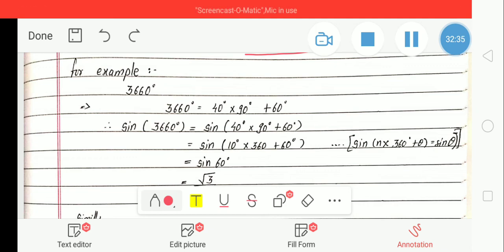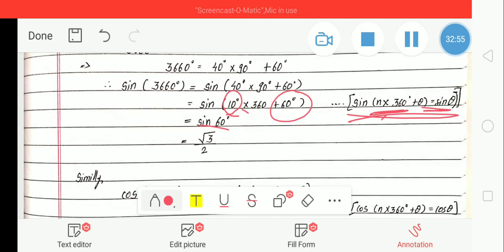Sine 3660 is equal to sine of 40 multiplied by 90 plus 60. Now this is a formula: sine of n multiplied by 360 plus theta is equal to sine theta. Here n is equal to 10 and theta is equal to 60. So sine 60. What is the value of sine 60? That is root 3 by 2.